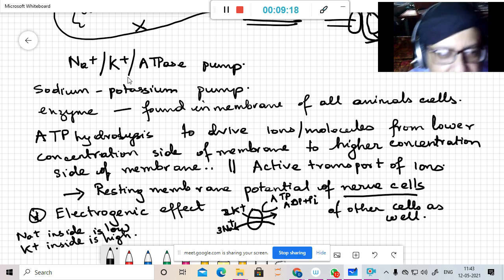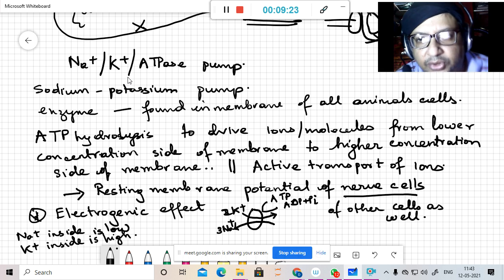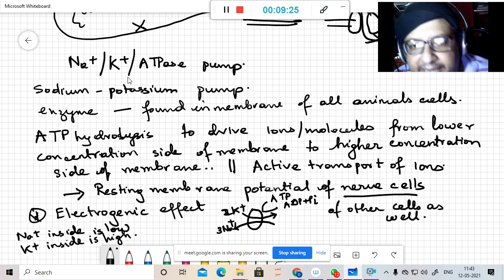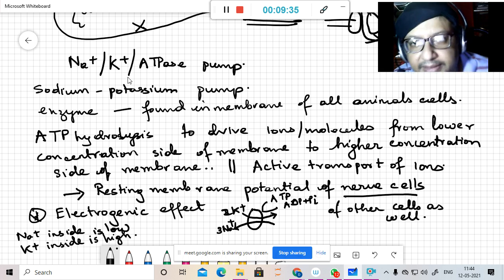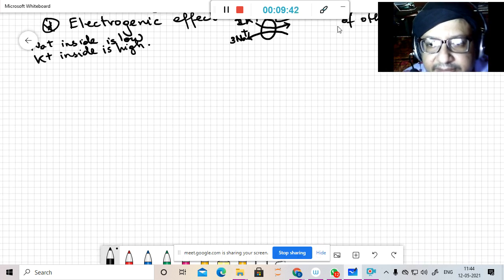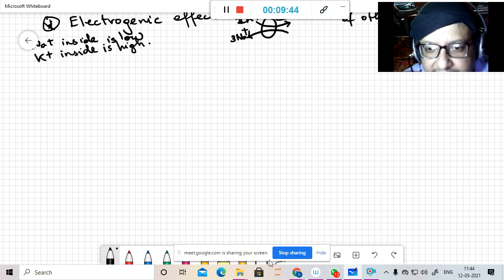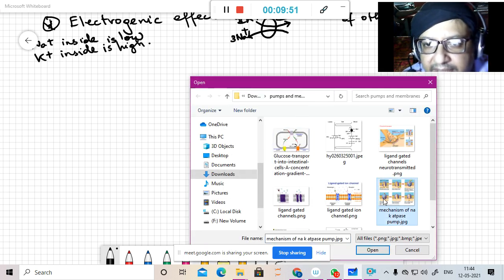So driving sodium from inside to outside is against the concentration gradient, and pushing potassium from outside to inside is also against the concentration gradient, going uphill. So this is the essential function. So let us see how it works. Let us take a picture and see how it works.